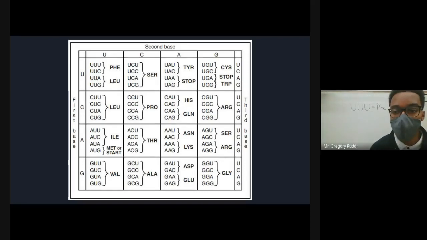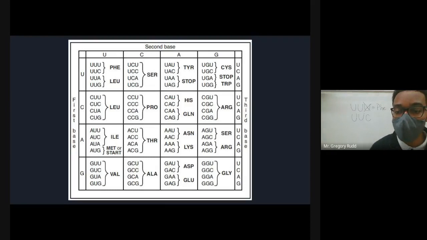But let's say something happens and the cell goes through a mutation. It gets mutated, which we're going to talk about later on next week. So let's say that last U gets messed up. Now we have UUC.